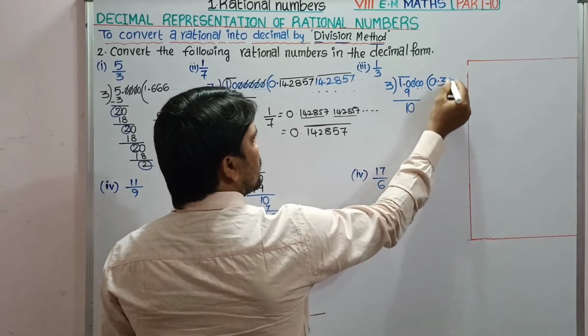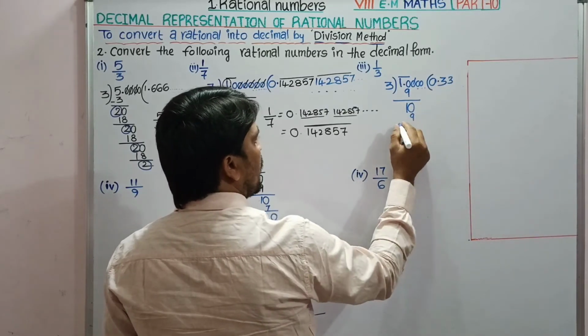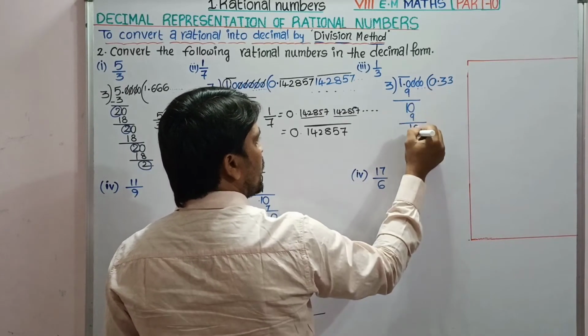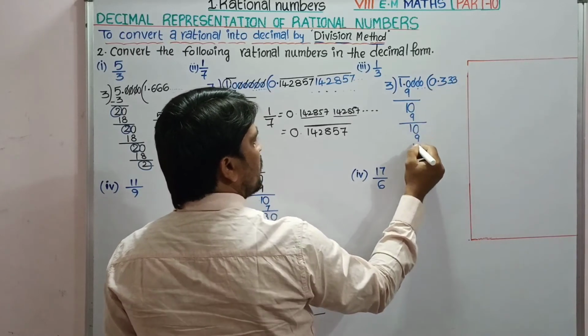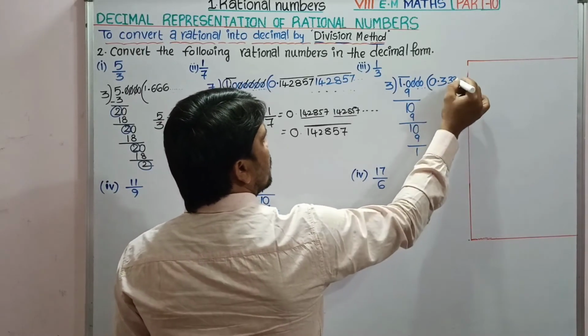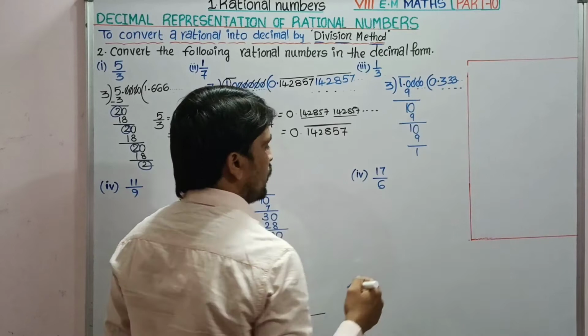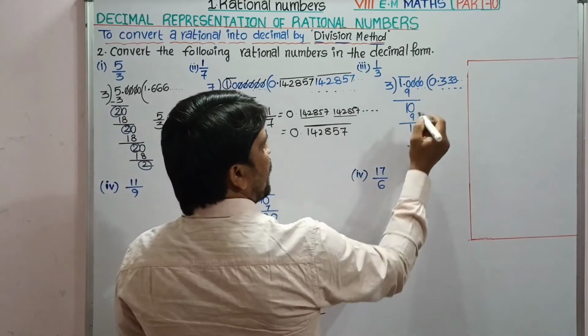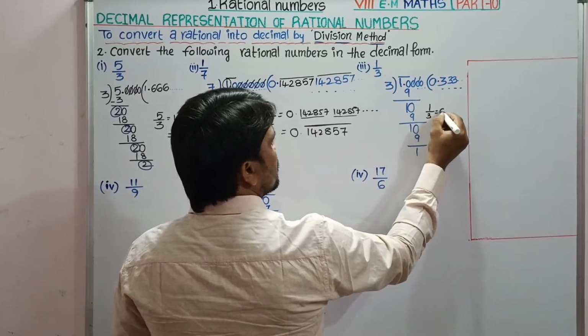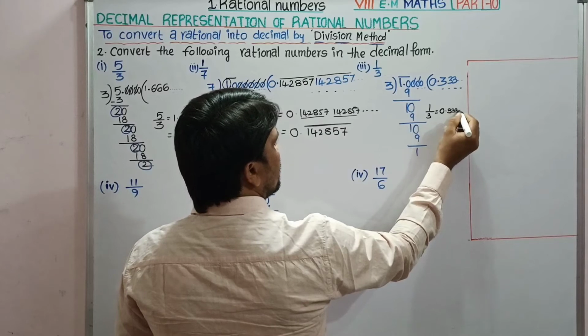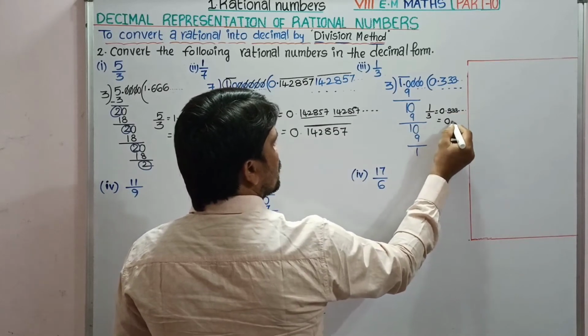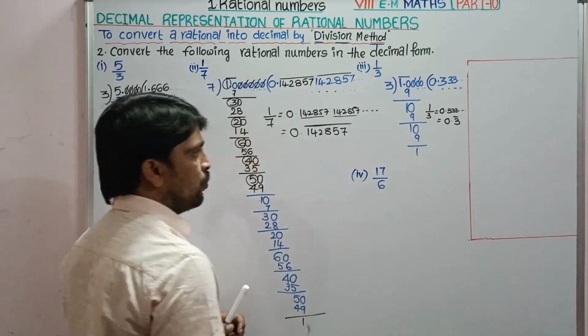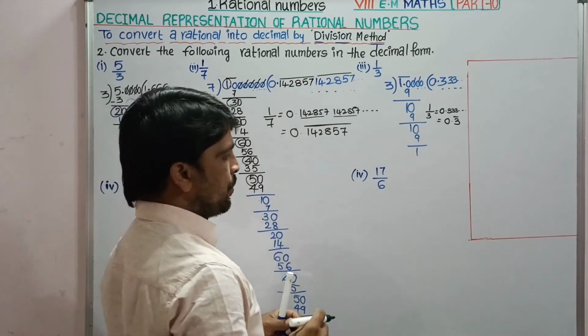Drop this 0, again 3 threes are 9, again we get remainder 1. Drop this 0, 10, 3 threes are 9, remainder 1, and this process will continue. So 1 by 3 equals 0.333 and so on, which can be written as 0.3 bar.